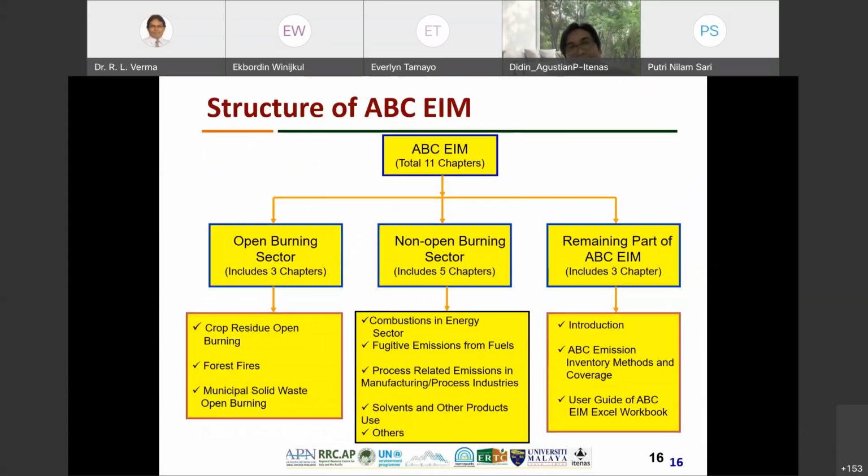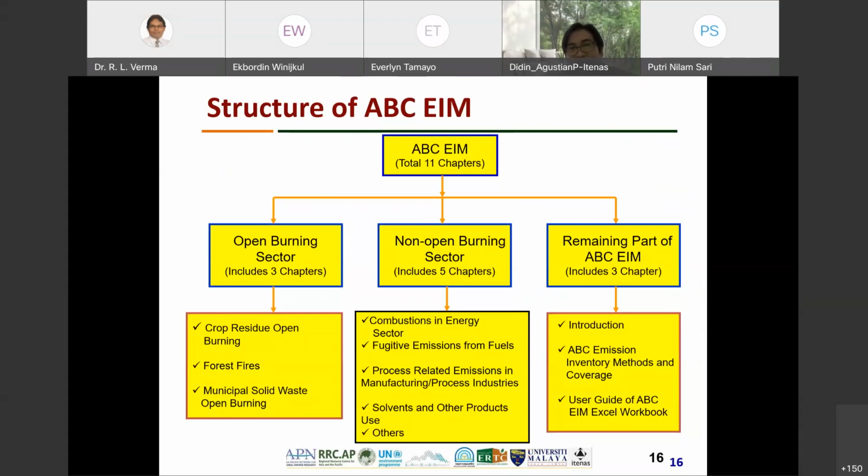So this is the structure of the Atmospheric Brown Cloud emission inventory manuals. Totally it consists of 11 chapters. The open burning sector includes 3 chapters: crop residue open burning, forest fires, and municipal solid waste open burning. And then the non-open burning sector includes 5 chapters.